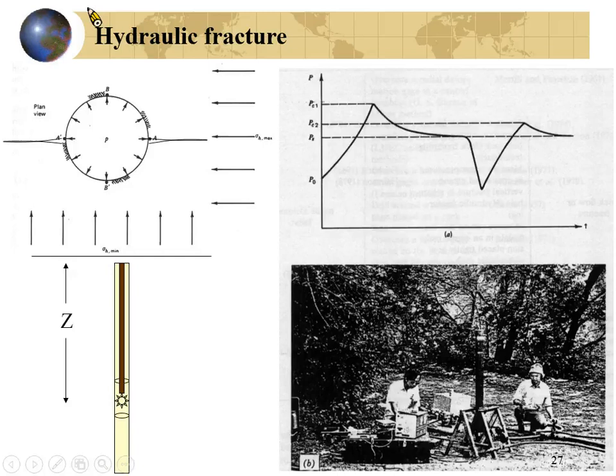The radial stress equals 0 because it is a free surface, so sigma r will equal 0. If the in situ stress is hydrostatic, I hope you still remember, sigma r will equal 0 and sigma theta will equal 2p0.